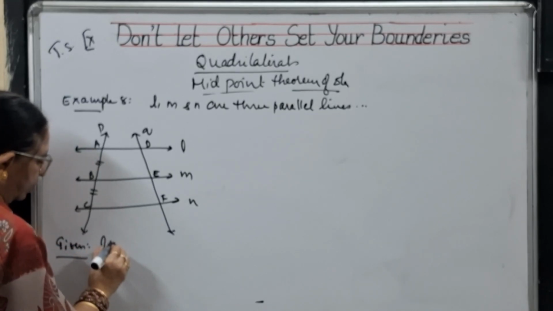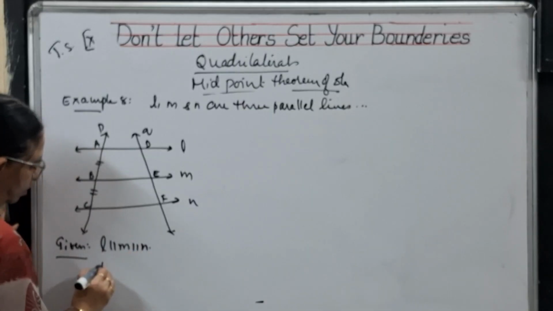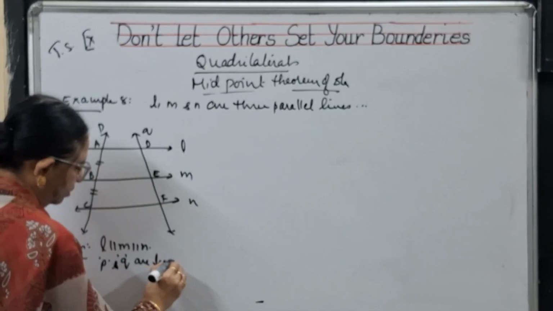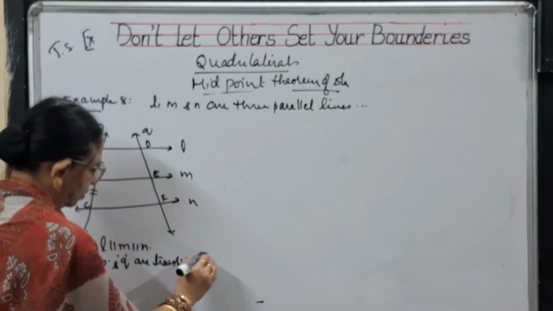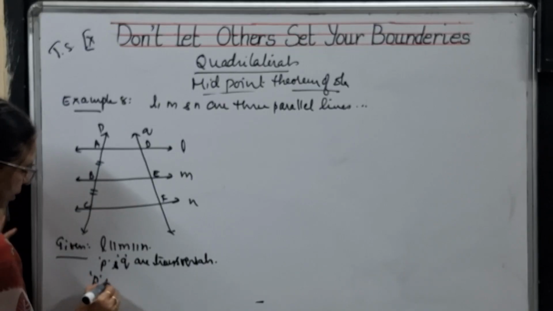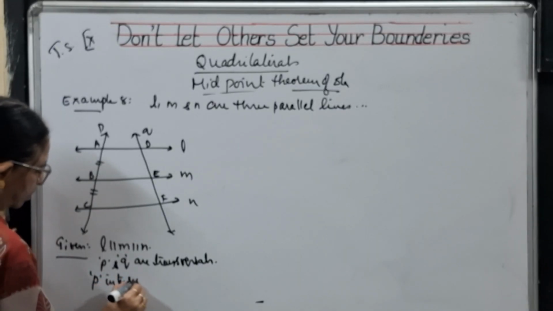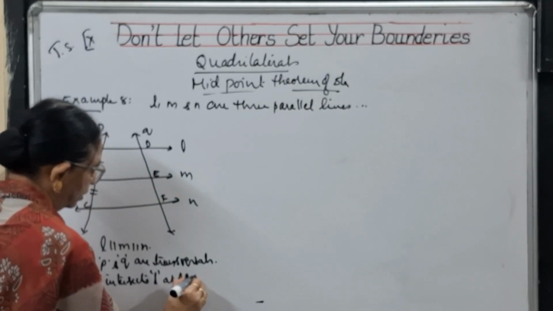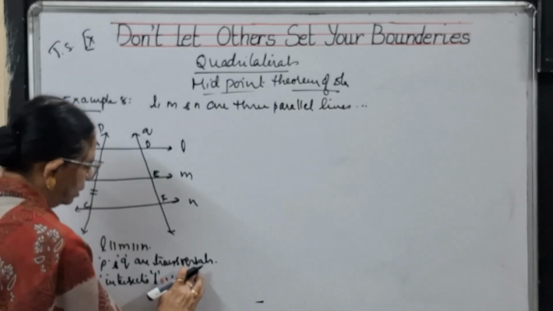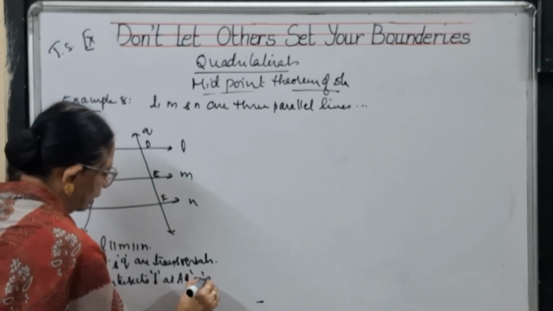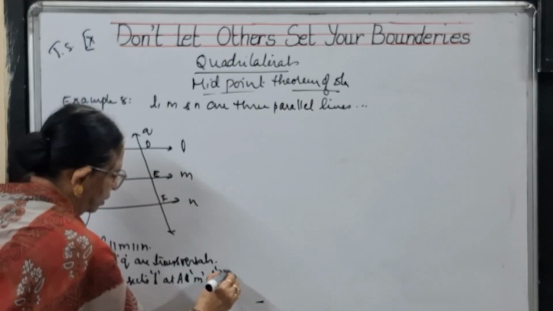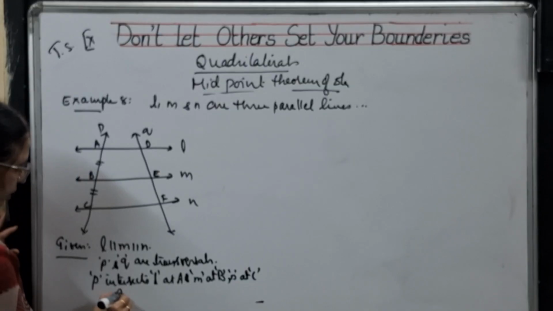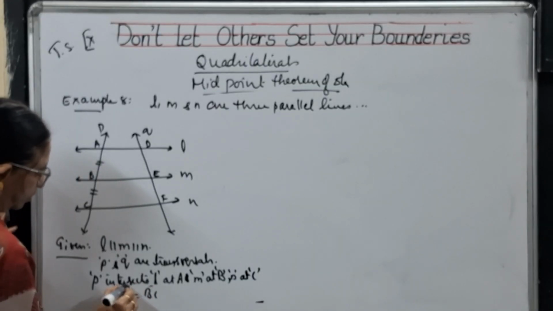So what is given to us? You have got line L parallel to M parallel to N. P and Q are transversals, and P intersects L at A, M at B, N at C. And they have given AB is equal to BC.